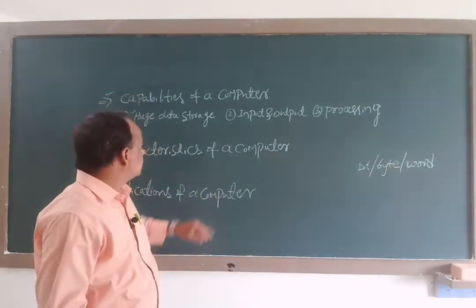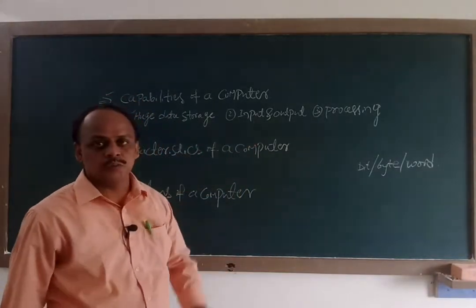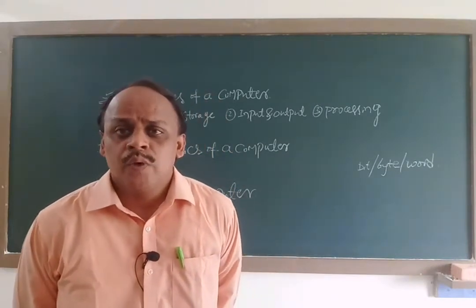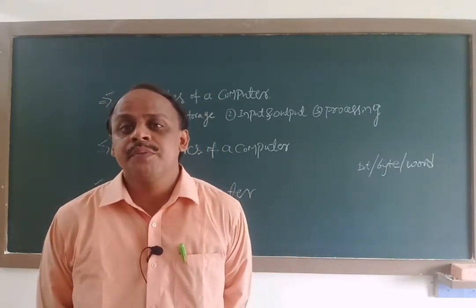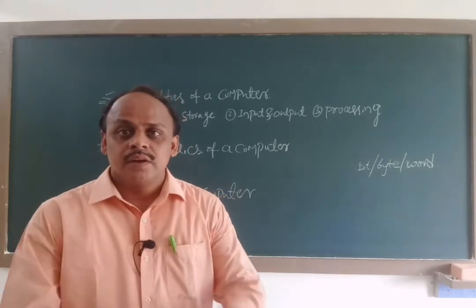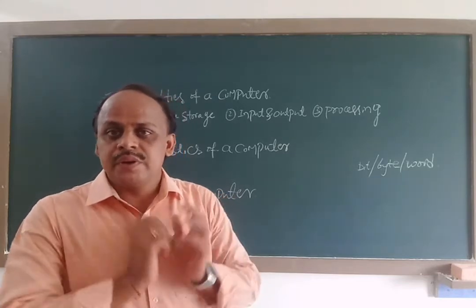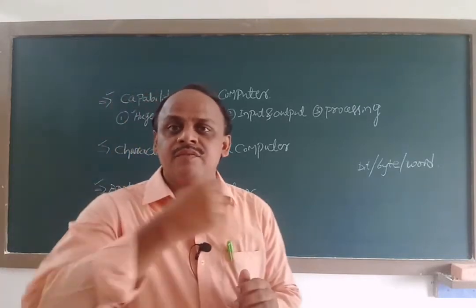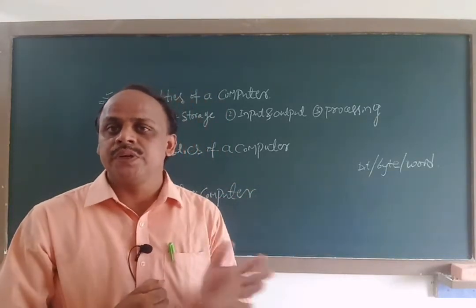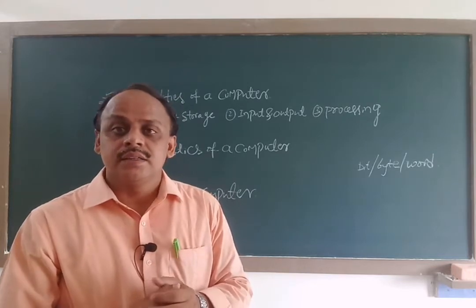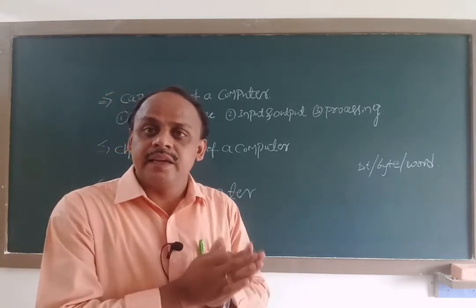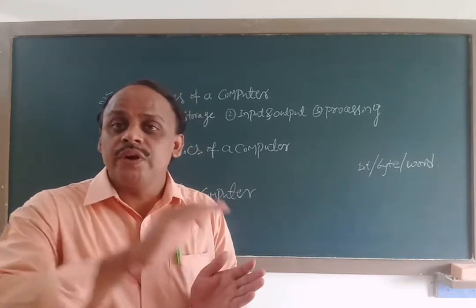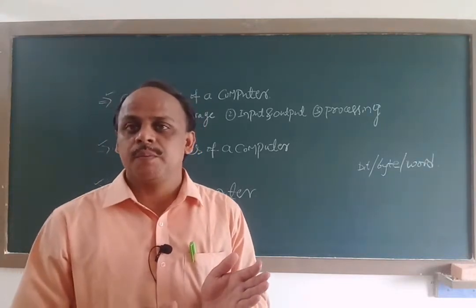And the next thing is input and output. What is input and output? Why does it become a capability of a computer? If a computer is there, we can enter information into the computer, and that entered thing afterwards goes for processing.